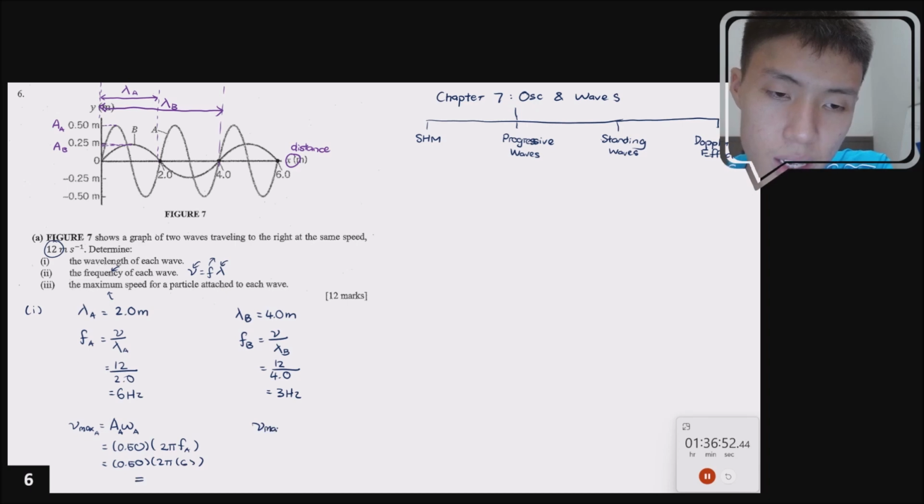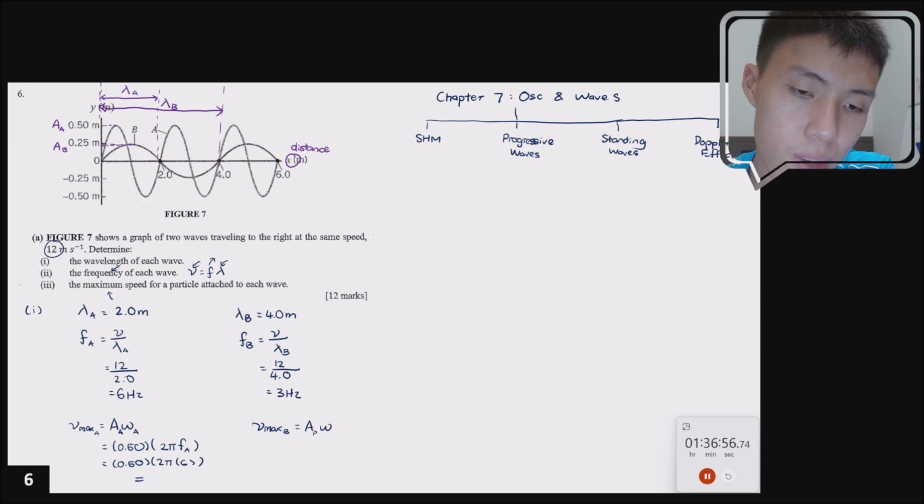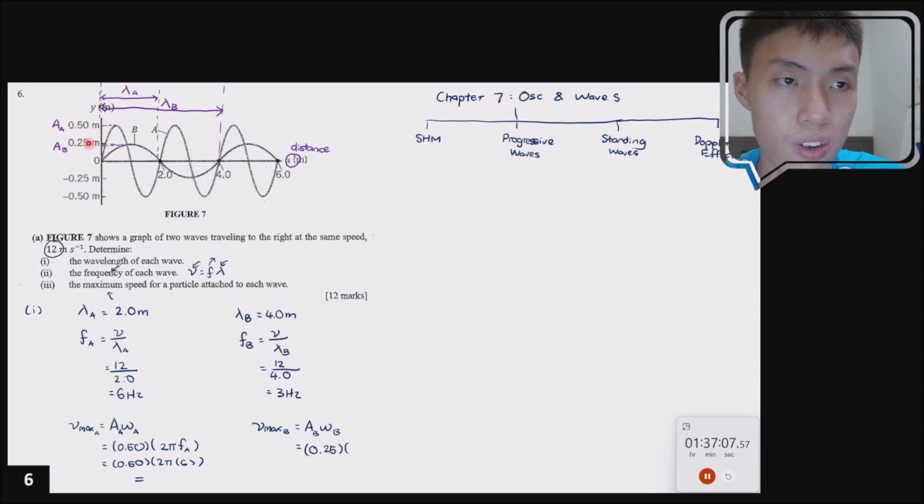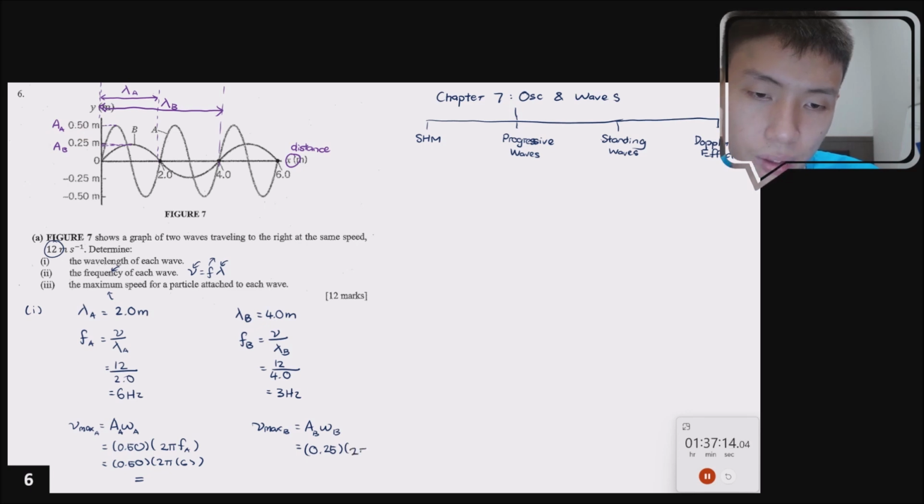v max for B, of course, again is A omega for wave B. Your amplitude for wave B is 0.25 from the graph above. Over here, 0.25 is the amplitude for wave B, 0.50 is the amplitude for wave A. So 2 pi times frequency of B, which is 0.25 times 2 pi times 3.